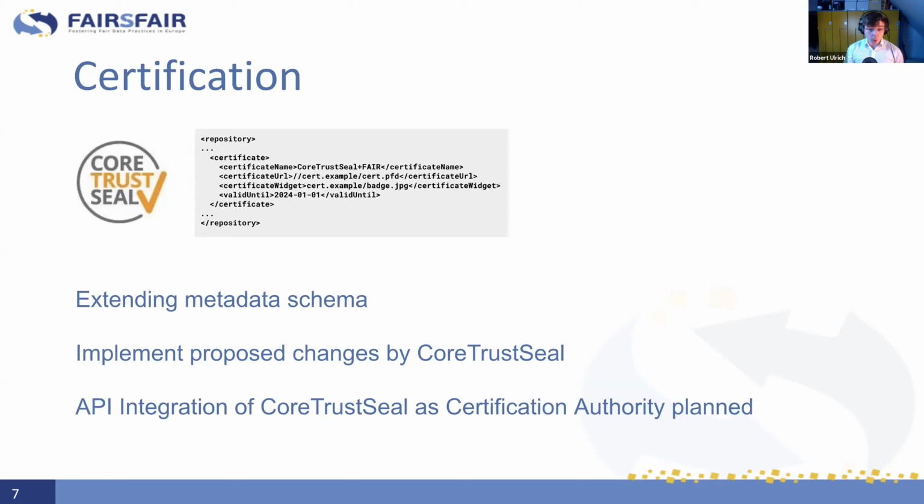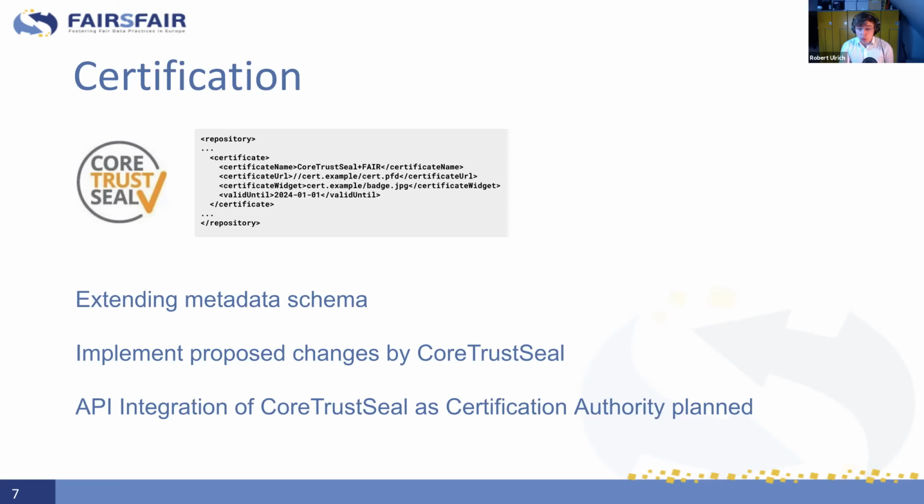And there are a few things we're going to do to support the transition from the repository finder into Commons. With that, we are extending our metadata schema. For the first revision, we are implementing the proposed changes by Core Trust Seal, so that the certification information is a little bit more elaborated, especially regarding the time span that the certification is valid, so that whenever you access Re3Data, the provided information is up to date.